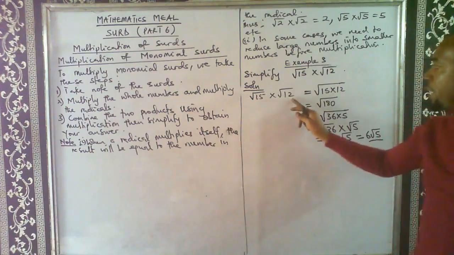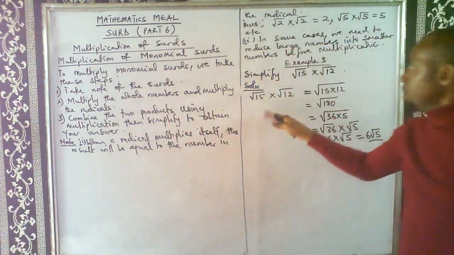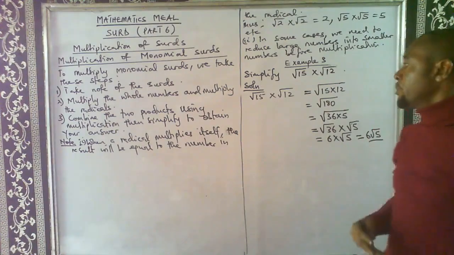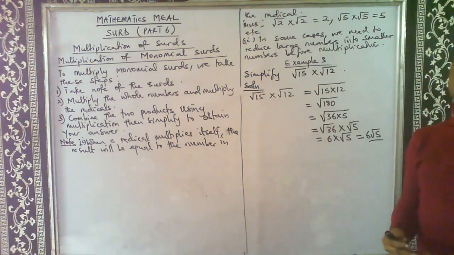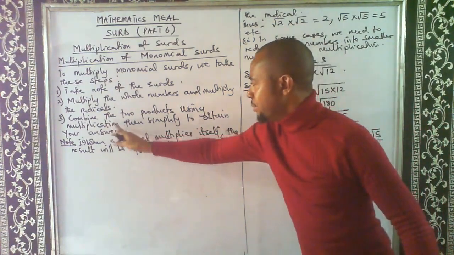So we multiply the radicals because we don't have whole numbers here. In the previous example, we had whole numbers, so we multiplied the whole numbers also. But here, we don't have whole numbers, so we multiply the radicals, and we have this large number. Nothing to combine.